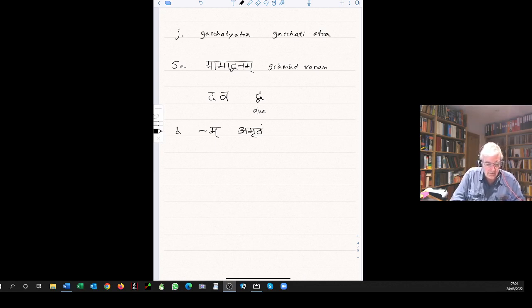C. Jnanam satyam bhavatiti balah shastre patanti. So, subject balah, the boys or the children. Patanti, read. Shastre, in the scripture. So what do they read in the scripture? Jnanam satyam bhavati.